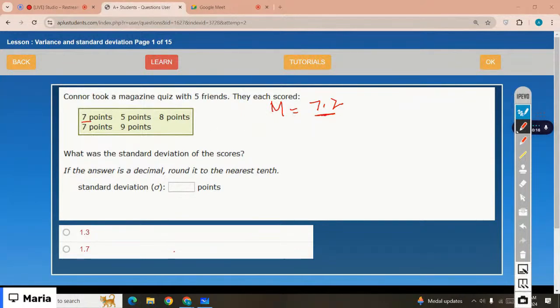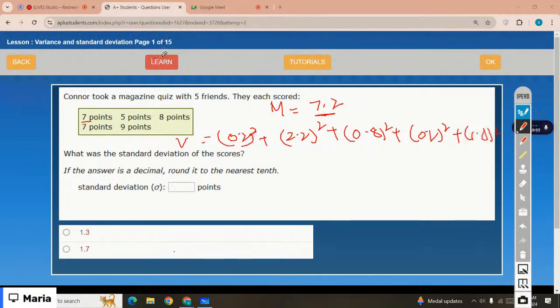So 7 minus 7.2 is 0.2 square, plus 5 minus 7.2 is 2.2 square, 8 minus 7.2 is 0.8 square, again 0.2 square, then 9 minus 7.2, that is 1.8 square. So just calculate their squares and add.